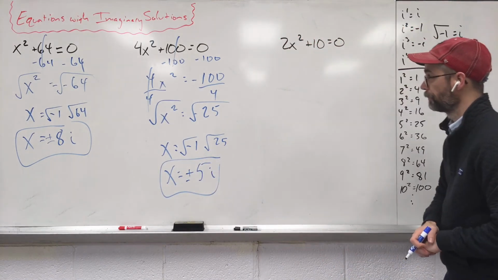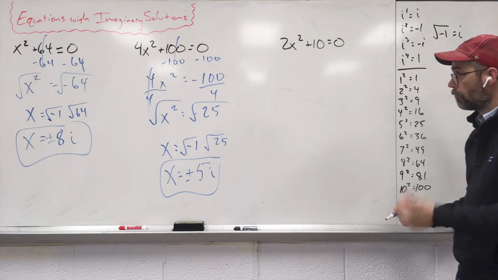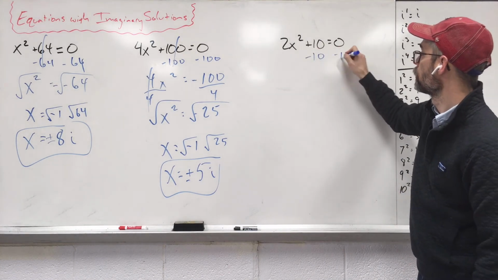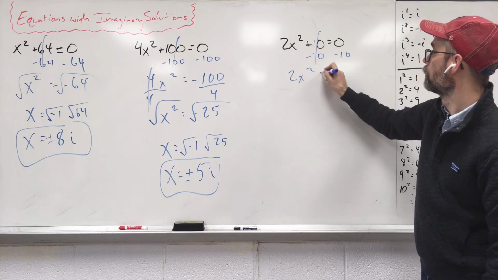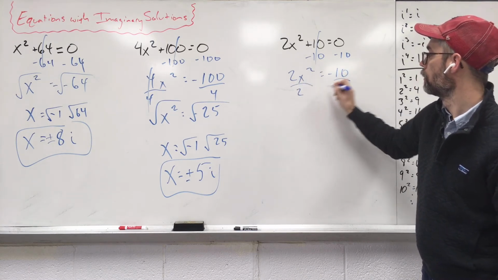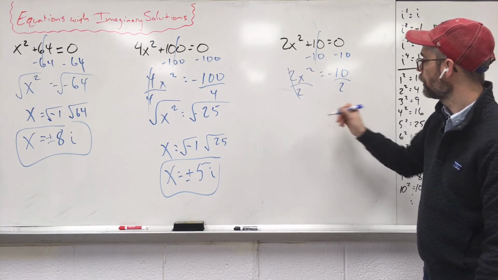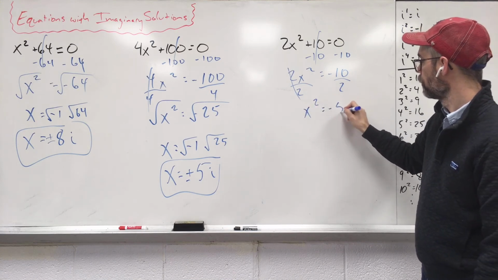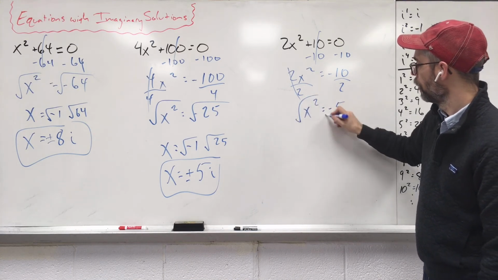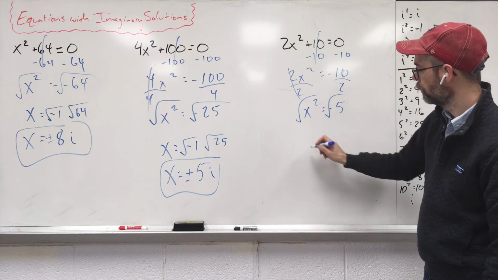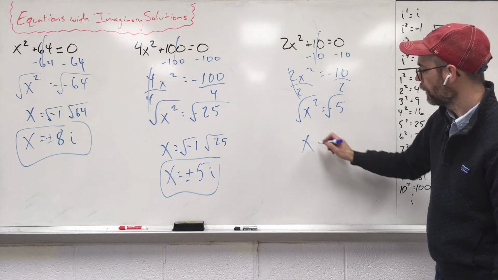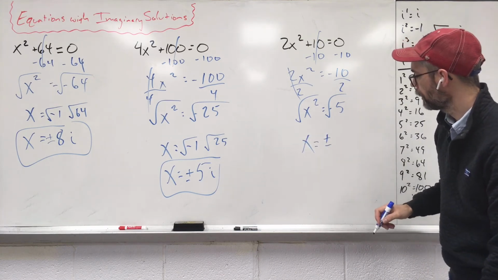And one last one. Minus 10, divided by 2. So inverse operations here, one last inverse. Take the radical. We're left with x equals, we know it's going to be a plus or minus.